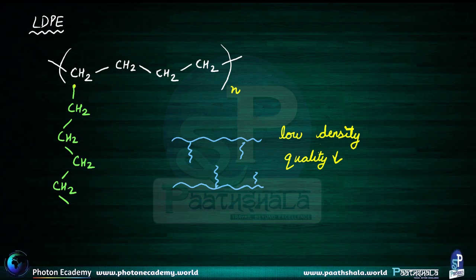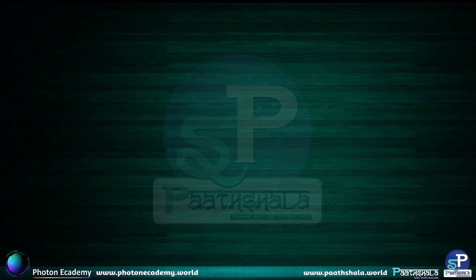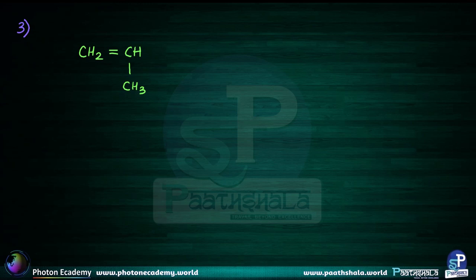Okay, now coming on to the next example of addition polymerization that we'll be seeing. Here we are taking a monomer CH2=CH, and then we have CH3. The monomer that we have taken here is known as propylene.